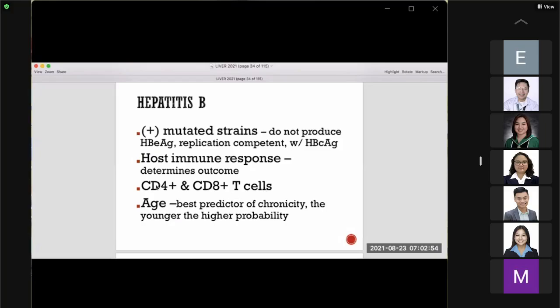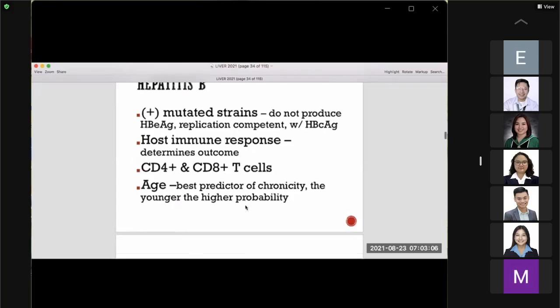And another factor is the age. It is said to be the best predictor of chronicity. If you get to see this in a younger individual, then there is a higher probability of chronicity.